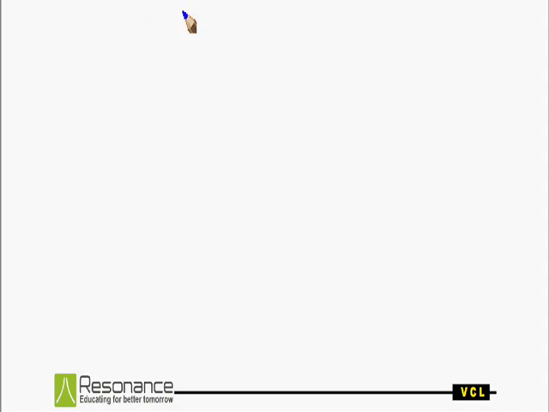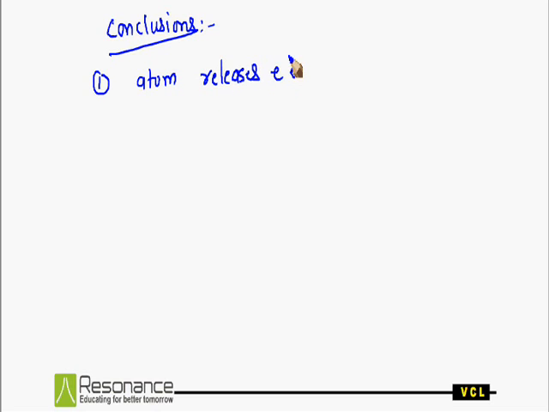So the conclusions are that first, if an atom releases electrons, then it has positive charge.